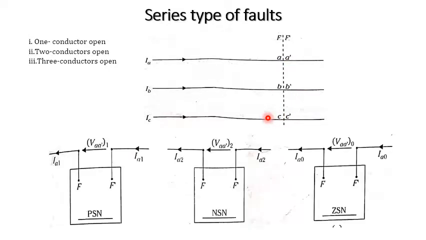Then the sequence network can be written like this. This is subjected to the PSN having the current I1, and V A dash to the 1; similarly for the negative sequence network, V A dash to the 2; and for the zero sequence it is V A dash to the 0. These are suitably interconnected depending upon the type of fault we are considering.